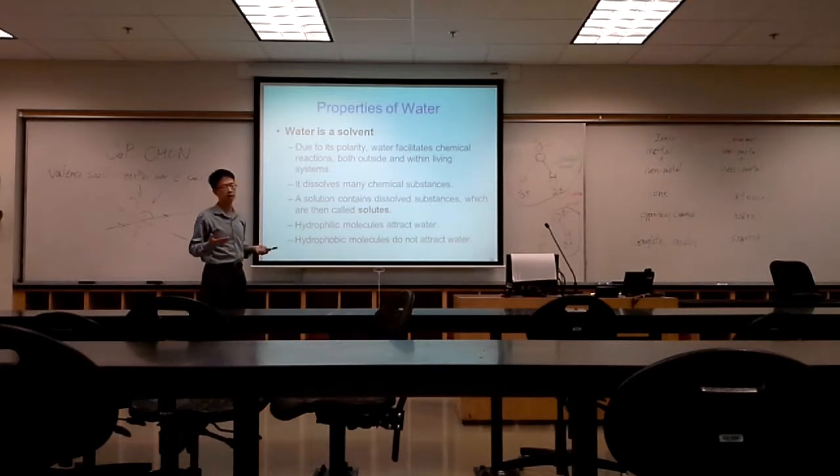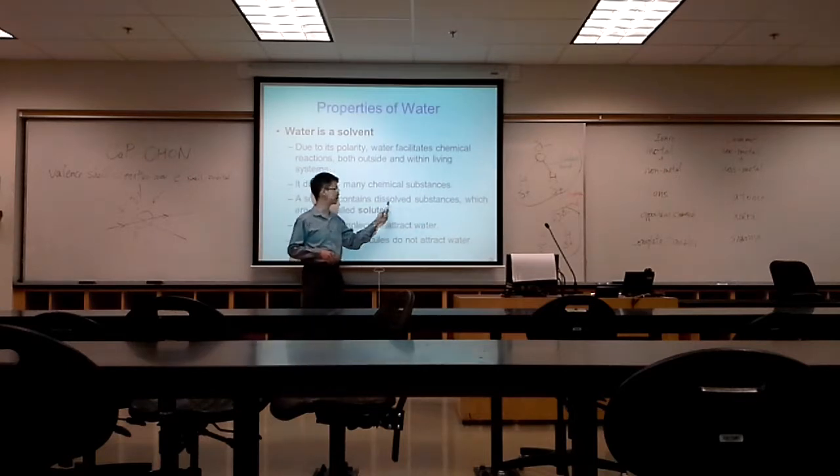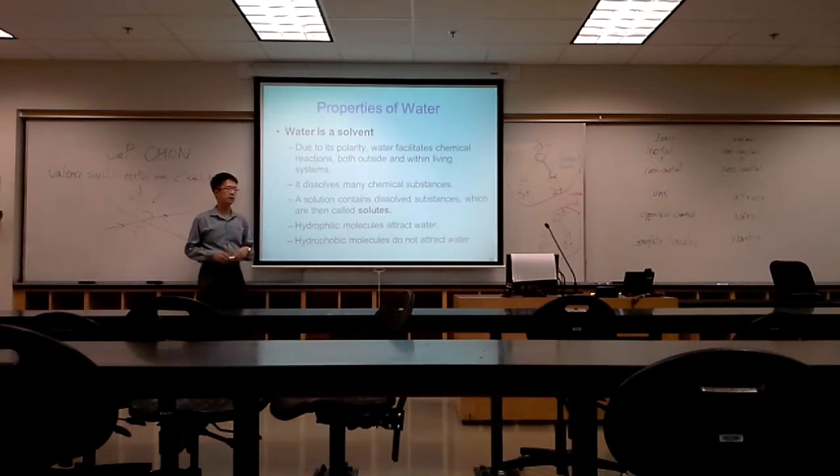We call it a universal solvent. When water dissolves substances, we call the dissolved substances the solute. For example, if we add salt into water, then we call salt the solute. Similarly, if we dissolve sugar, glucose, into water, then glucose will become the solute.